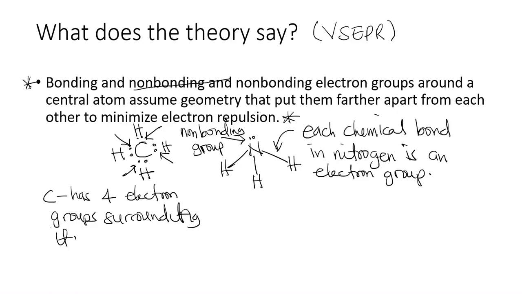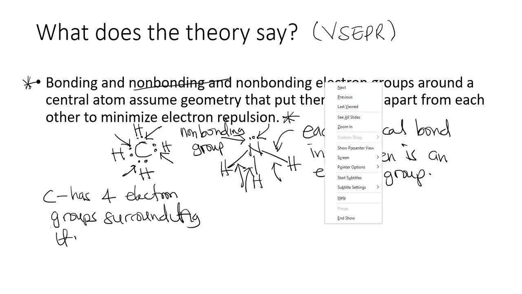So this nitrogen has 4 electron groups: 1, 2, 3, and 4. So the geometry of nitrogen will depend on the fact that nitrogen is surrounded by 4 electron groups.